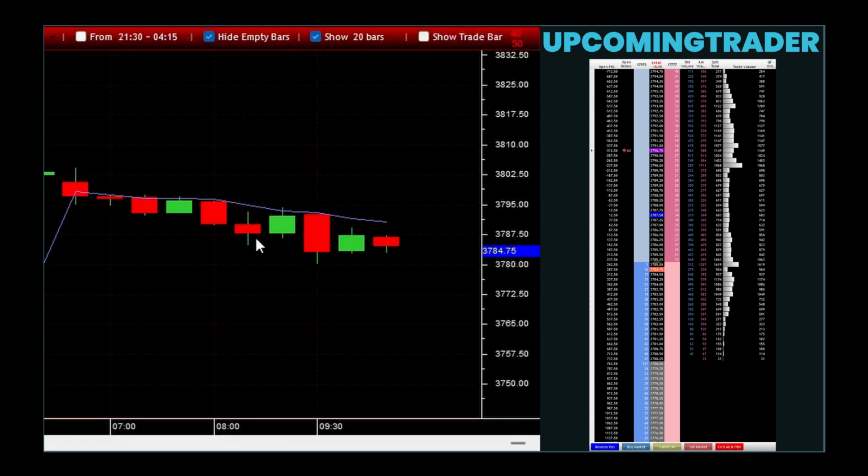3. Combine the use of the 3 outside down pattern with other technical analysis tools. Support and resistance levels, moving averages, and momentum indicators can provide additional insights and help confirm or refute the potential bearish signal. 4. Practice patience and wait for further confirmation.